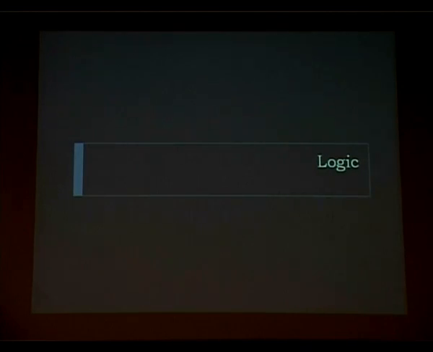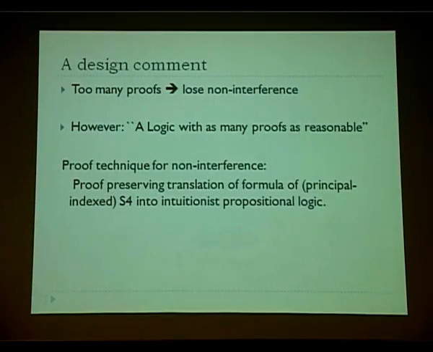All right, so let's start with the logic. A design comment: we can't have too many proofs in the logic, clearly, because then we're going to lose non-interference. On the other hand, we want as many proofs as possible, because there's no canonical use of this logic, so we want to build a world which is as large as possible.